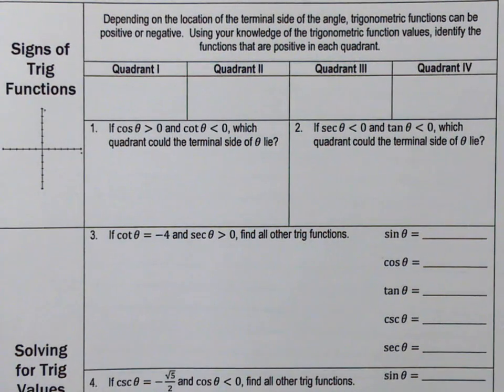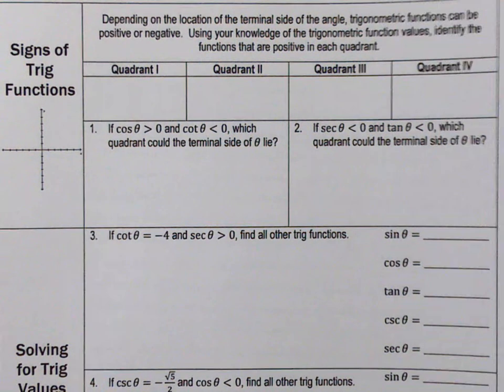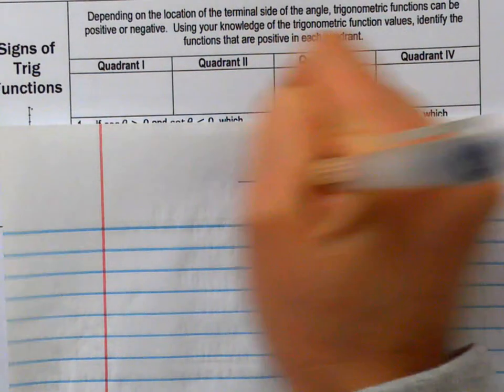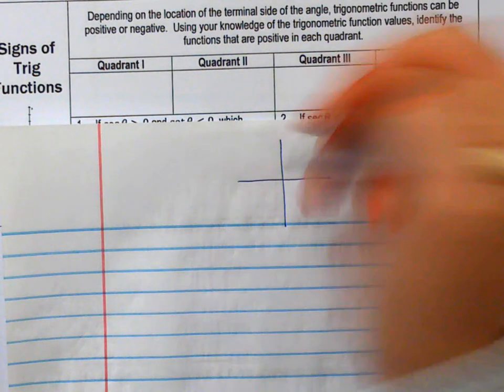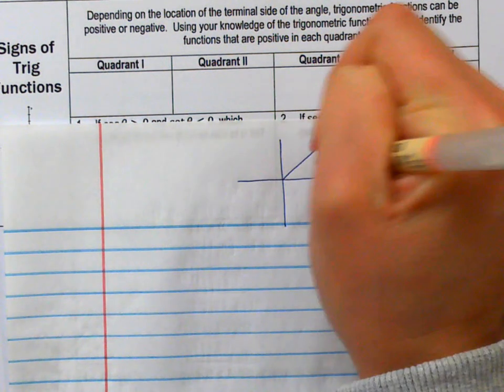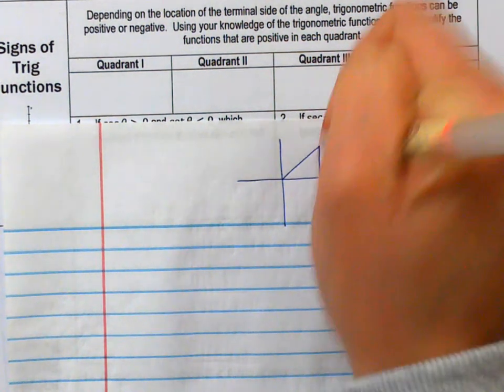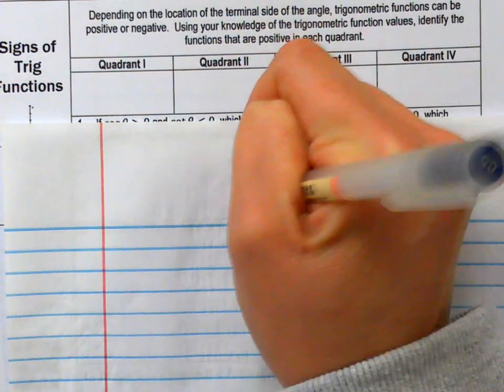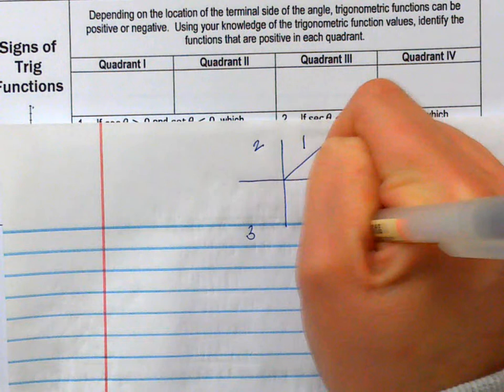So essentially, I'm actually going to get a little piece of paper here. If we think about the graph, and let's say we have a point here. We know that this is the opposite. That would be positive because it's in quadrant 1. This is quadrant 1, 2, 3, and 4.